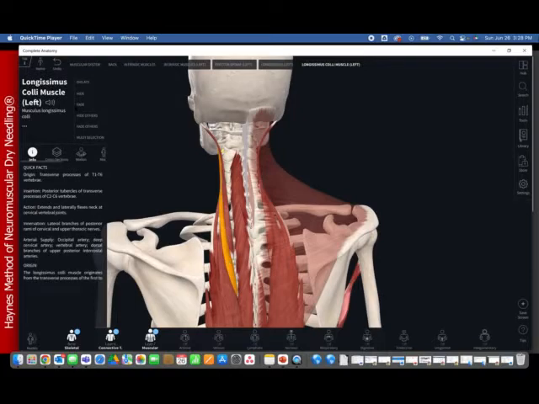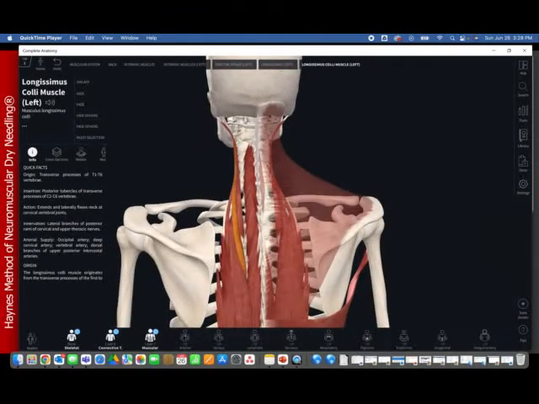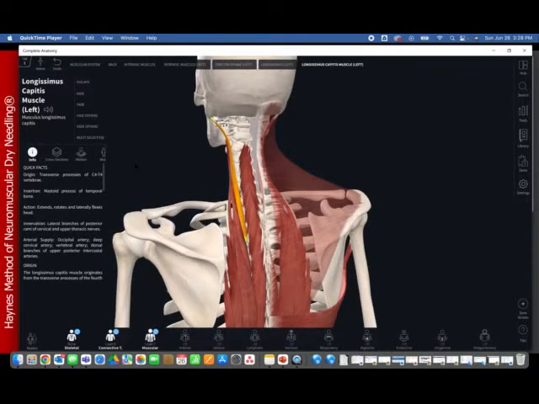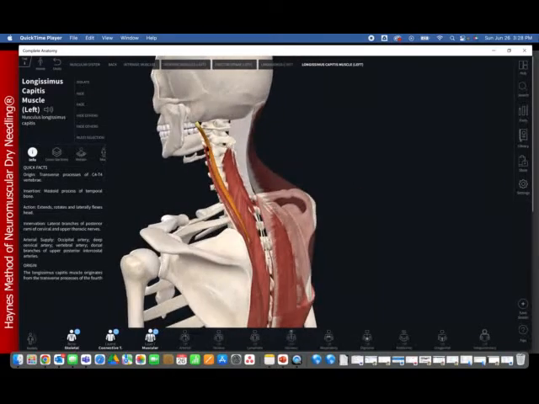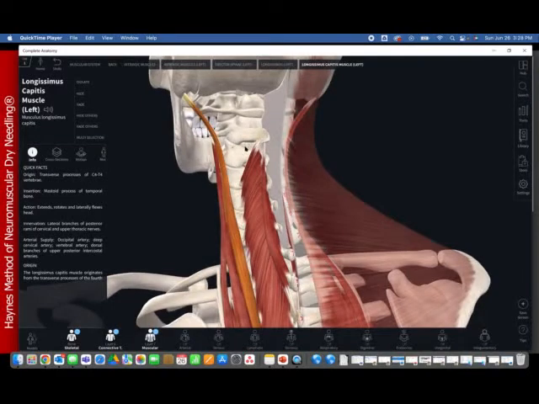One is the longissimus cervicis, because it attaches into the cervical spine, and medial to that is the longissimus capitis, because it's attaching to the skull. So the longissimus capitis, here the origin is the transverse process of C4 down to T4, and it inserts into the mastoid process, get a little closer view there, of the temporal bone.